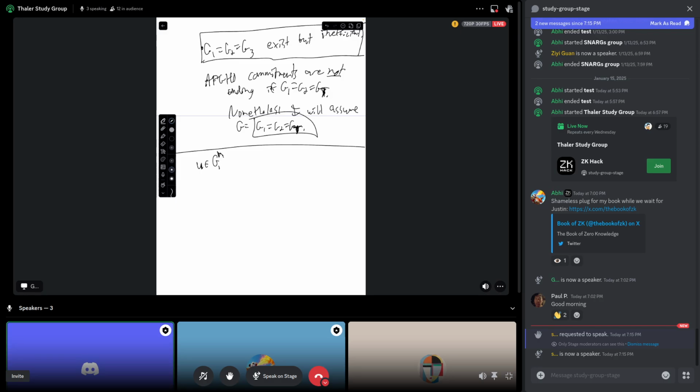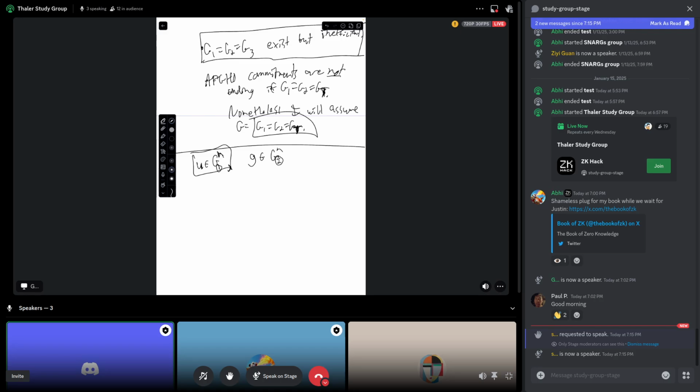For the rest, I'm going to ignore that there's that subscript one, just to simplify the notation. So for another minute, maybe I'll keep around the subscripts and then they'll go away. This is the vector we want to commit to. It's a vector of group elements. The commitment key is actually in G2 to the n, but again, I'm going to get rid of this subscript momentarily.